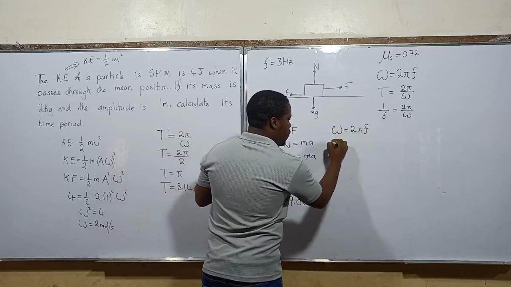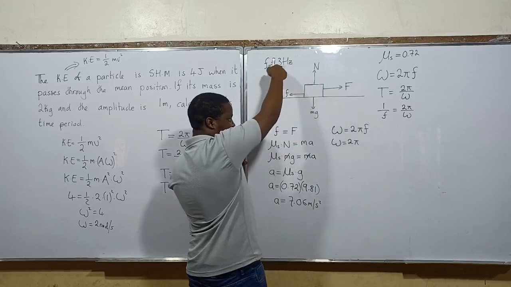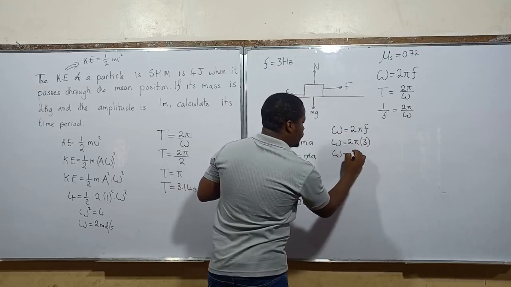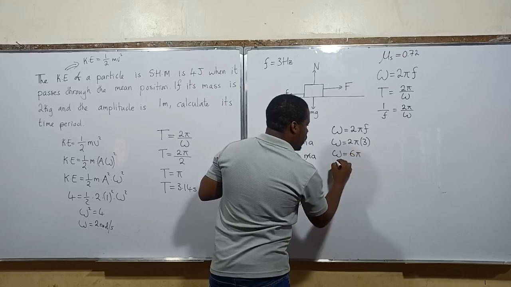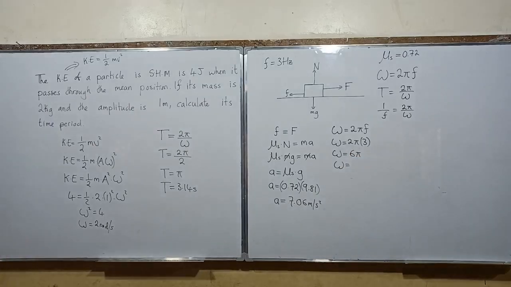In the question, frequency is given to us as 3. So omega is equal to 6 pi. What is 6 multiplied by pi?